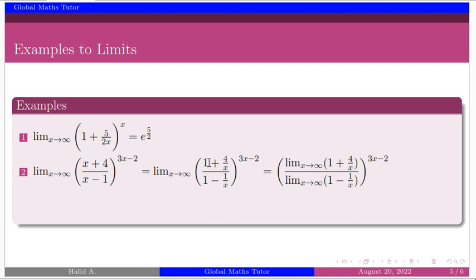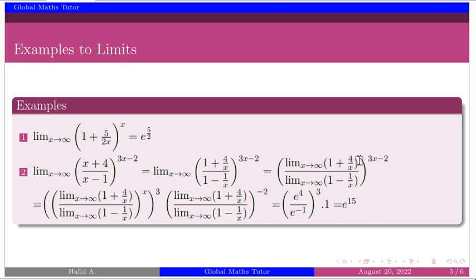Then we can find the limits of the numerator and denominator separately from limit law, and finding this limit is the same as finding the limit of 1 plus 4 over x to the power of 3x, which means x to the power of 3, and minus 2, let's separate the limit here as minus 2.